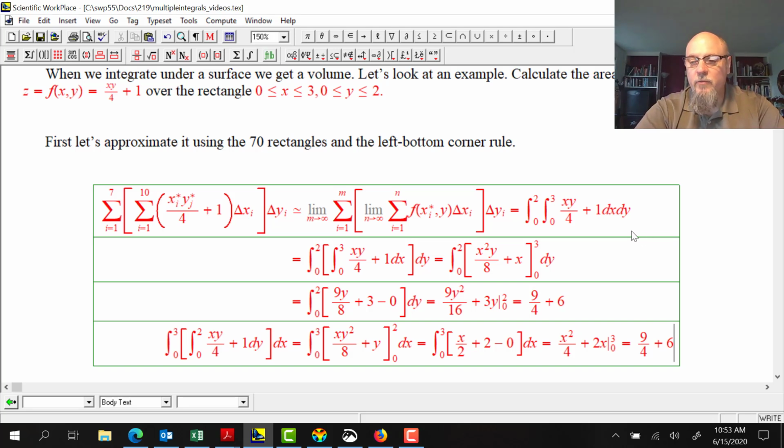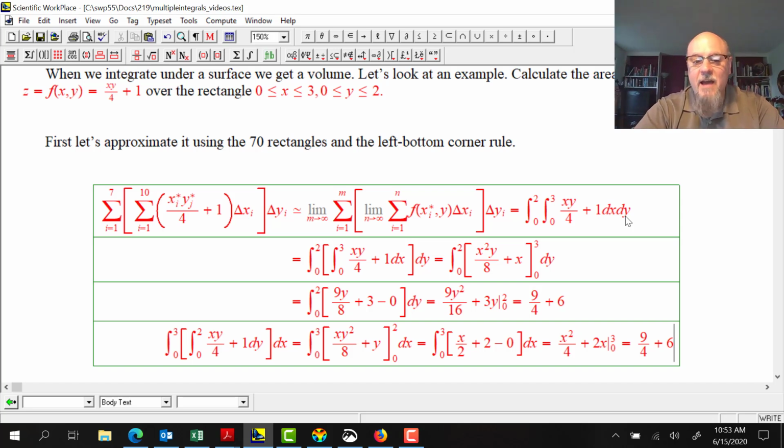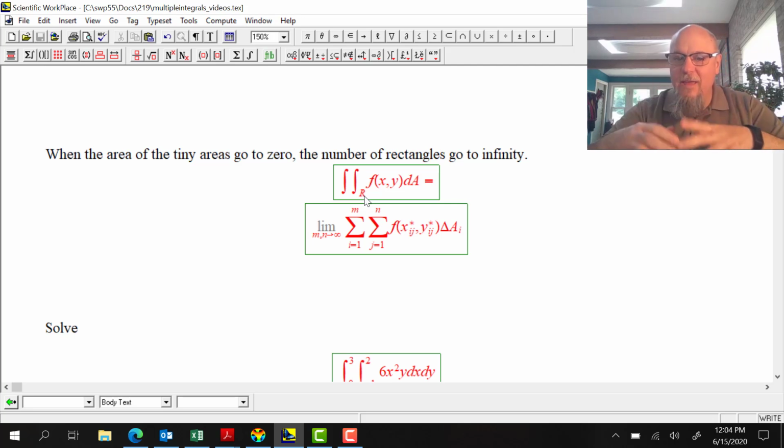But my point is, when I switch these dx to dy, the endpoints have to match however you set it up. They're both a dA, but if I do dx first, then the inner integral has to be x's. So if I've got a double integral, it's over a region, and we split that region up into little rectangles, and as the number of rectangles goes to infinity, the area of those rectangles, the dA, goes to 0.